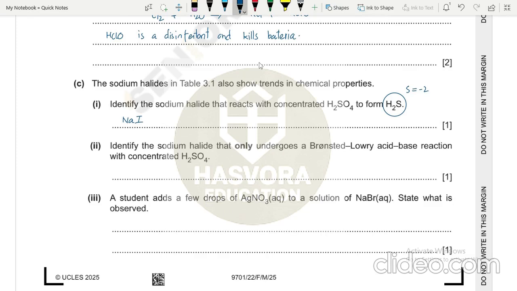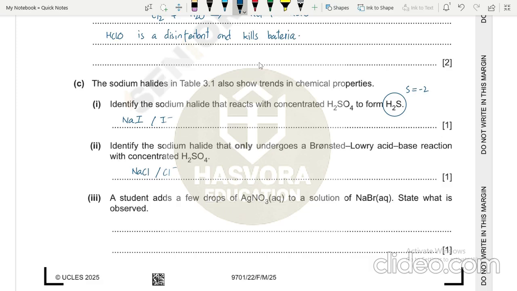All of them go into a Bronsted-Lowry acid-base reaction, and after that they go into a redox reaction. But the only one that only does the acid-base reaction is sodium chloride. The chloride ion is the only one that does not have the reducing ability to reduce H2SO4.